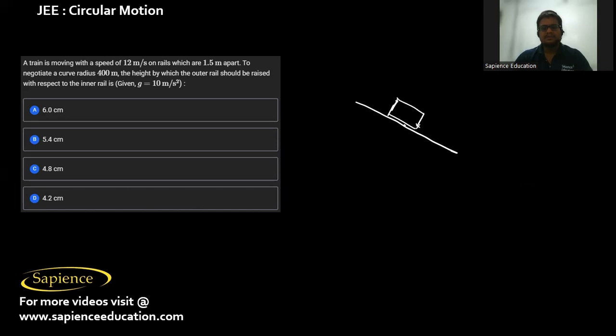So here, suppose any object is moving on a banked road with a velocity v. Then this will be a normal reaction. If this angle of banking is theta, and this is the height h with which the outer rail is raised with respect to the inner rail. Here what is happening, the outer rail is raised with respect to the inner rail.